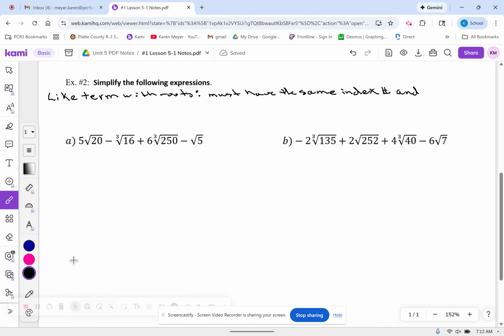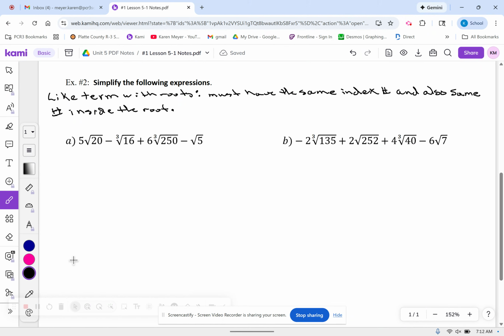And also, the second thing that has to be true, they must have the same number inside of the root. And if both of those are true, then you will combine their outside numbers.